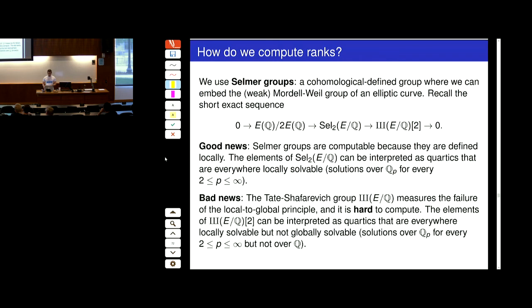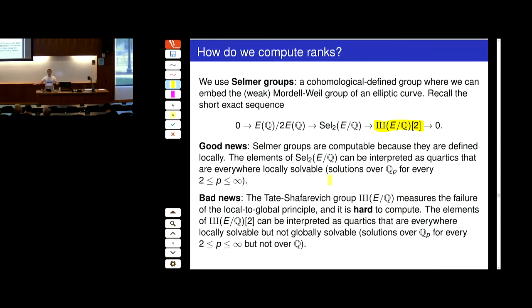What are the bad news? You were waiting for them. Here they come. The bad news is Sha. So the quotient of Selmer by the weak Mordell-Weil group, that's called Sha, and Sha is a mess. It's very hard to compute because it measures the failure of these spaces here, these quartics, those that I know are everywhere locally solvable, so there are real points and there are points over Q_p everywhere.